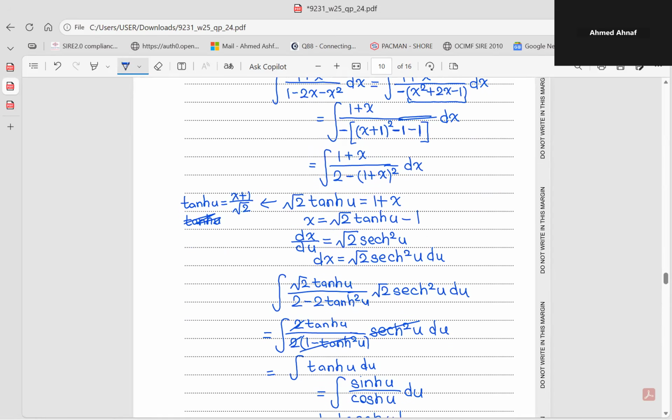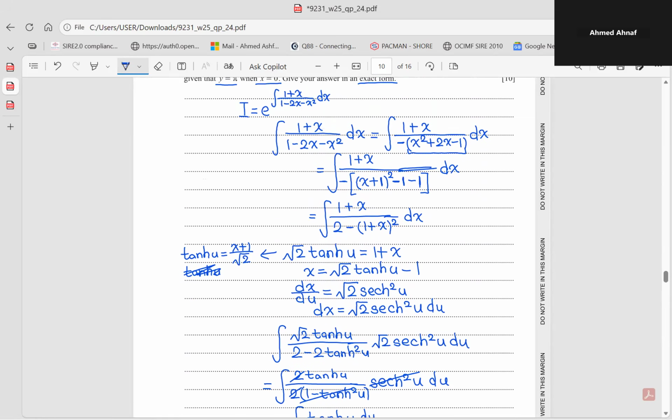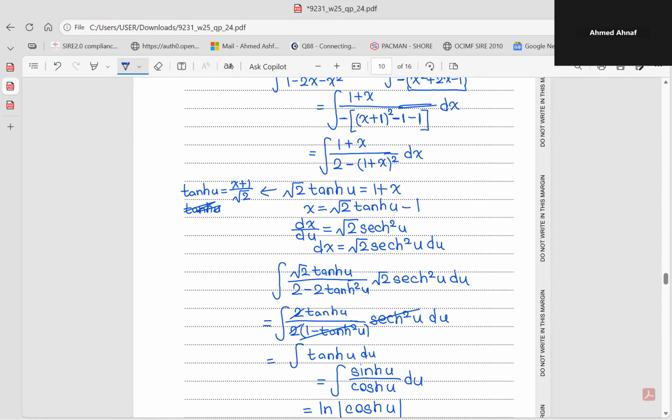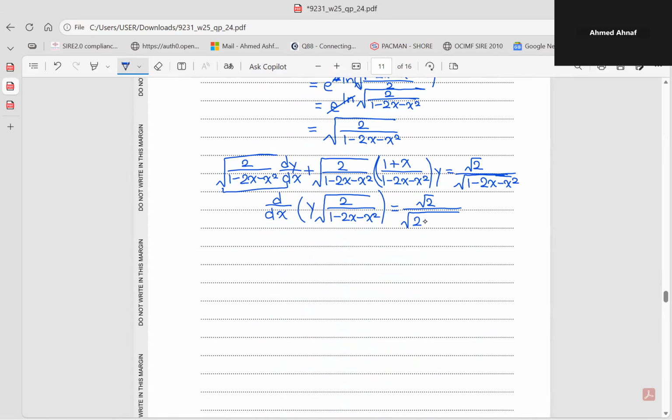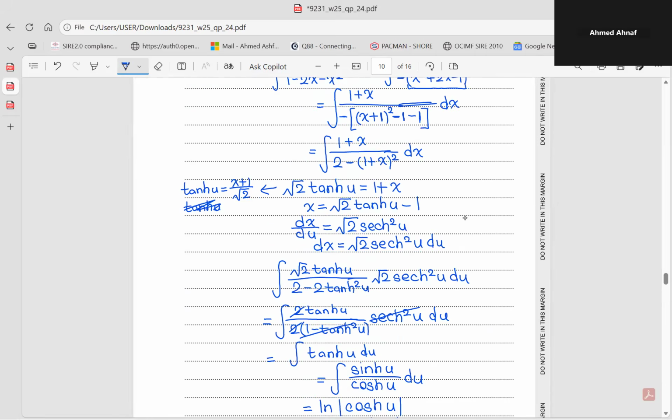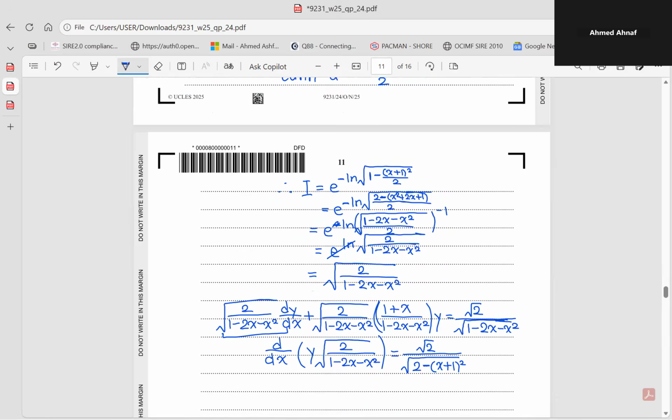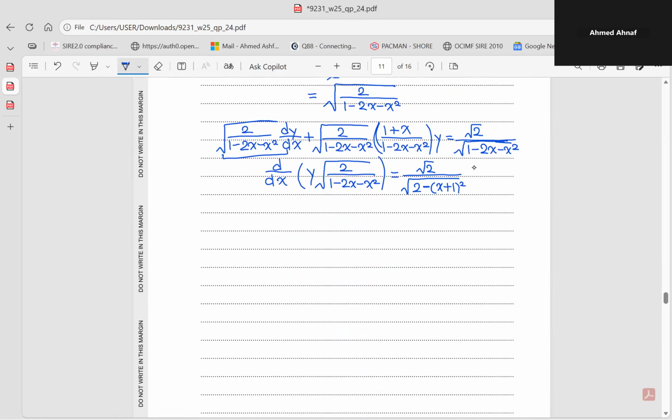Completed, the square is 2 minus x plus 1 squared.